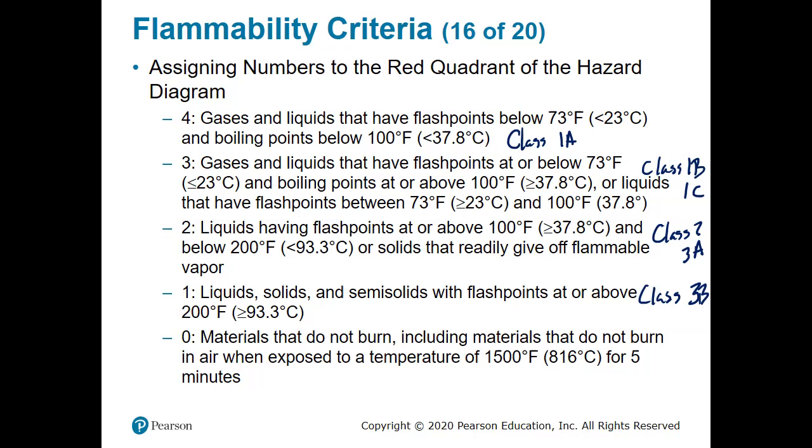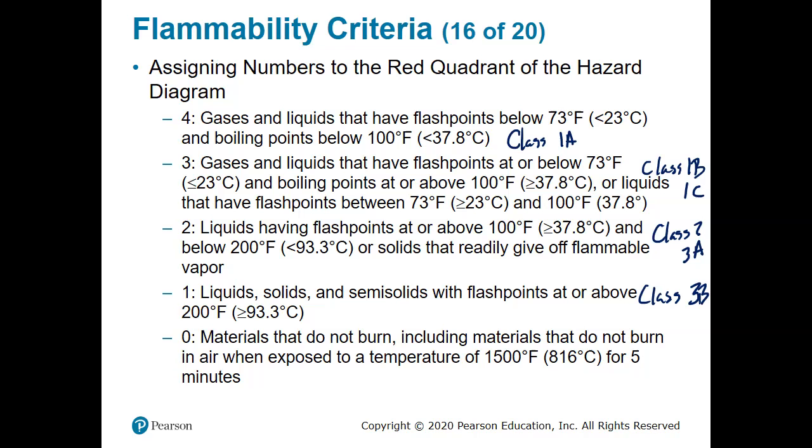And then finally, class 0, you already knew this. These are materials that do not burn, and would include materials that would not burn in air when exposed to a temperature of 1500 Fahrenheit for up to 5 minutes. So basically the criteria there is if it's not going to burn at 1500 Fahrenheit, it ain't never going to burn.